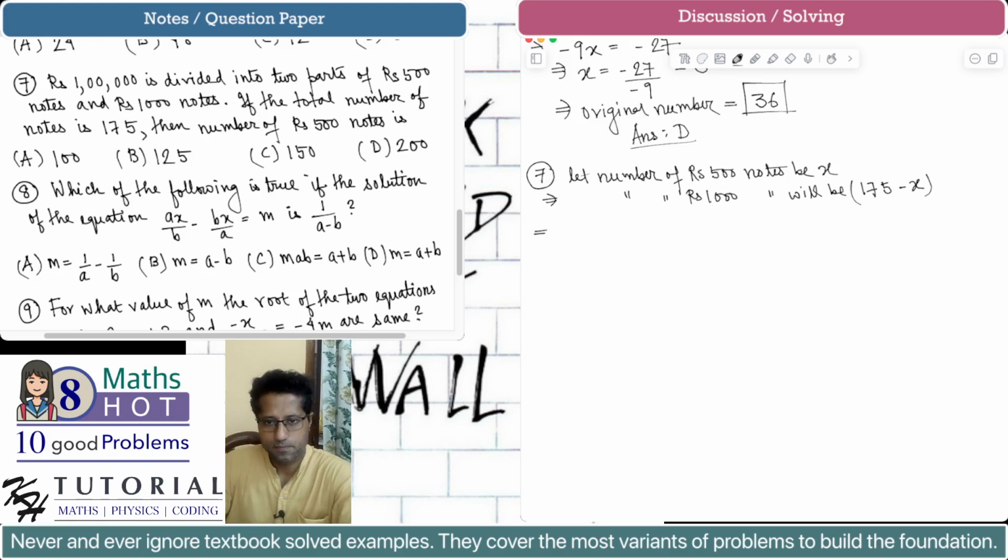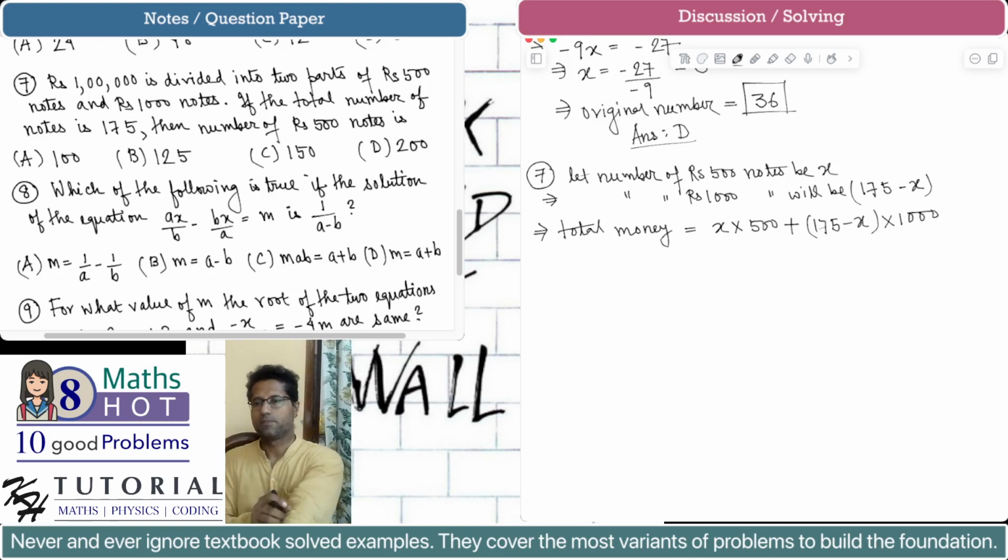So the total money will be equal to x multiplied by 500 plus 175 minus x multiplied by 1000. This is the total value of all the notes in rupees.